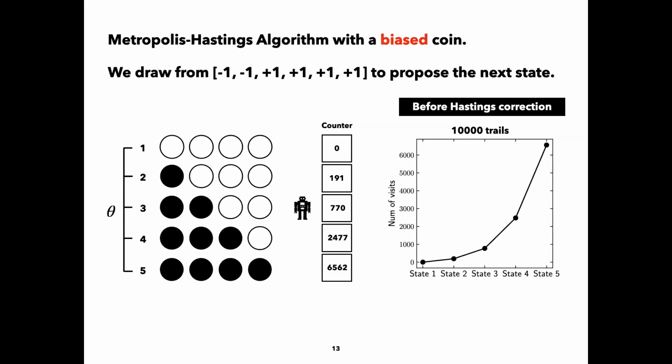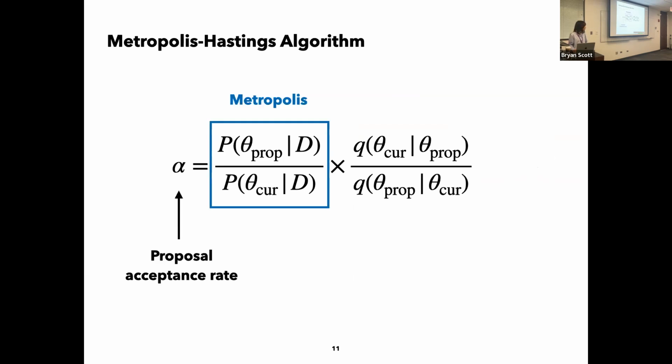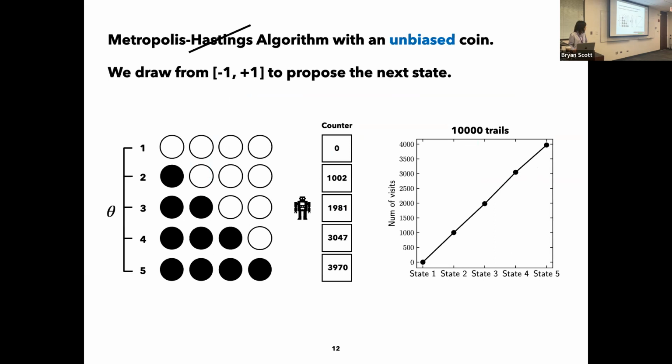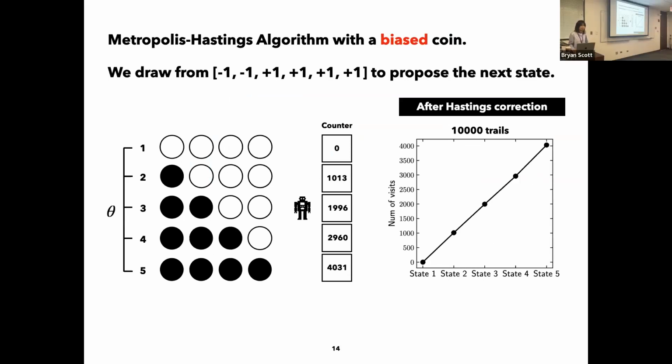So when we calculate these acceptance rates, we want to have that Hastings parameter here to do some sort of renormalization to cancel out the bias of this proposal kernel. If we do that, it goes back to 3 lines.